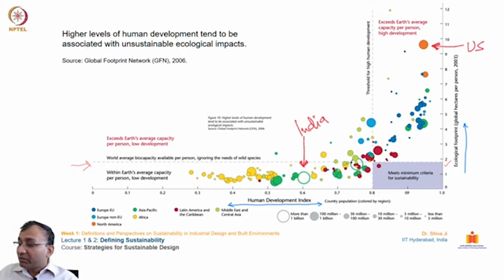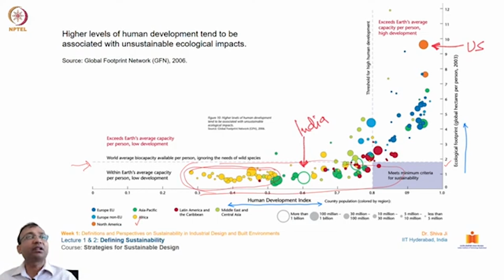There are a large number of countries in this region, from here to here, which are still within this limit. Mostly these are the countries in the yellow circles. They are from Africa. The countries mostly from the African continent are well within the reach of ecological footprint as a country, except one or two which have gone above this line.